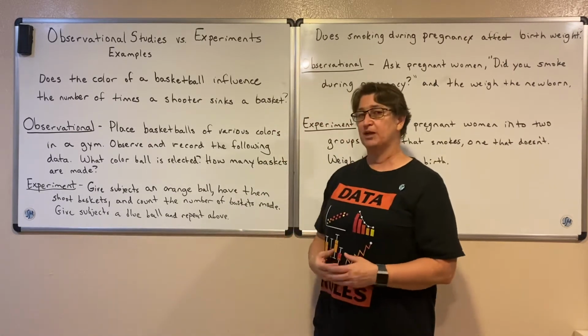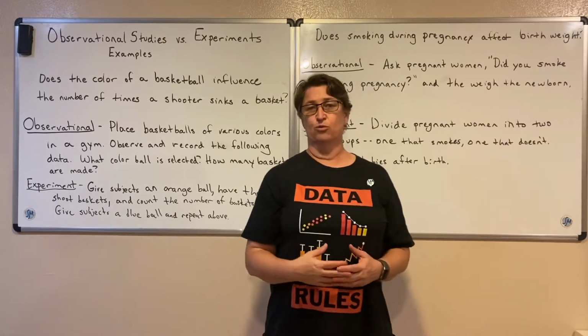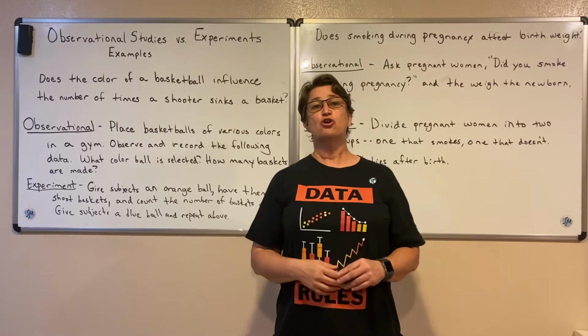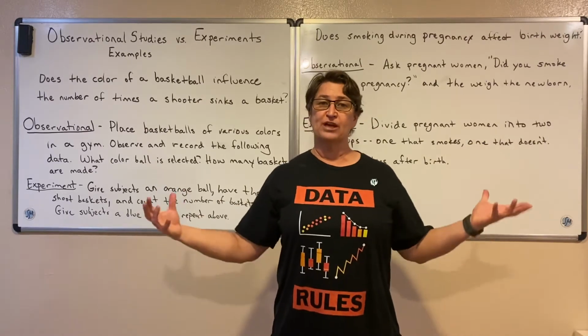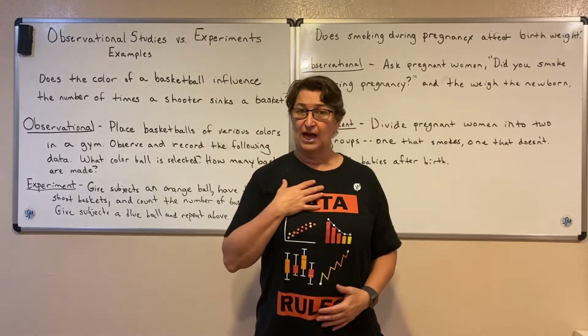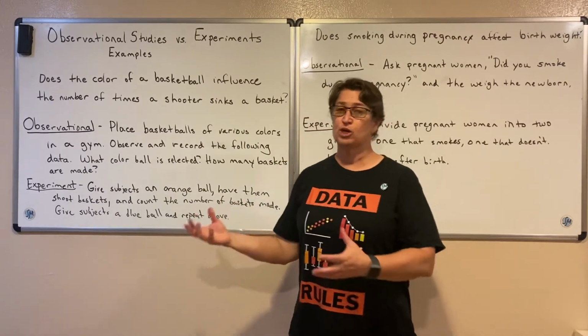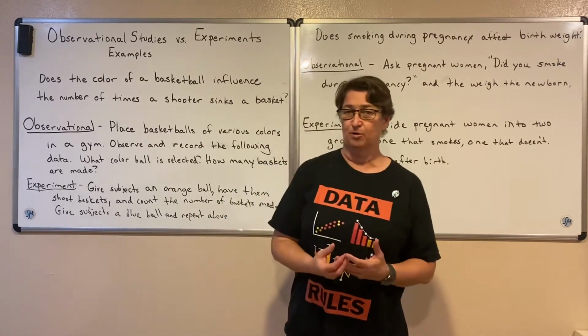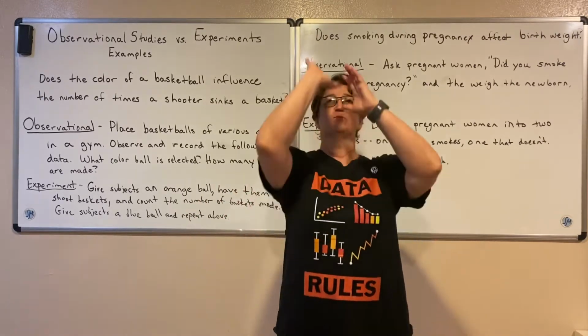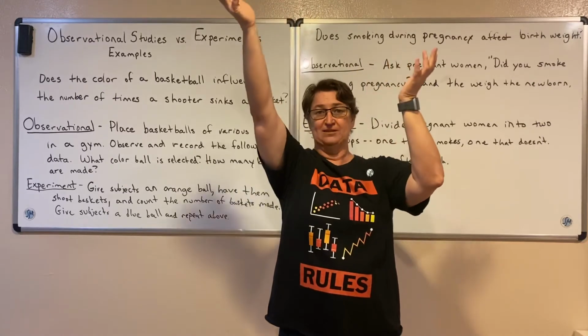If I wanted to be a little more precise though, so for instance, in this observational study, there could be outside or lurking variables that are there that I've not realized. So maybe everyone who chooses a blue basketball happens to have some vision impairment and it makes it more difficult for them to shoot a basket.